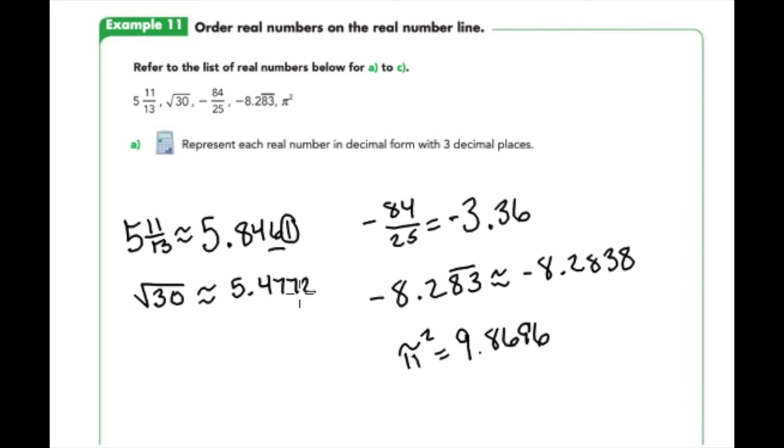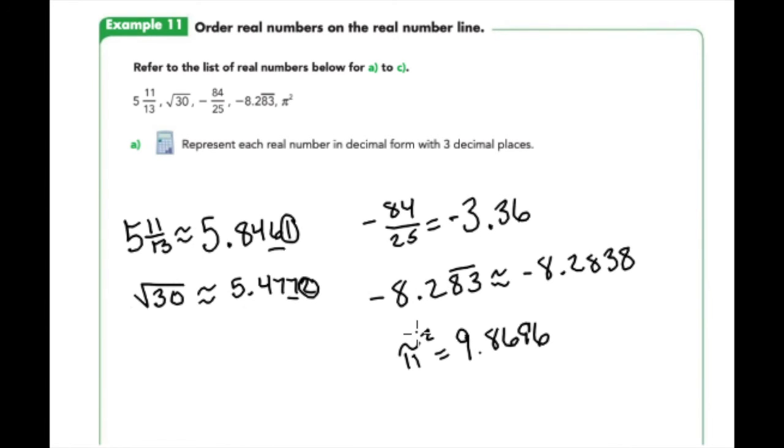For the square root of 30, that 2 does not change the 7 at all, so that'll stay 5 and 477 thousandths. For the negative 84 over 25, that would remain a negative 3 and 36 hundredths.